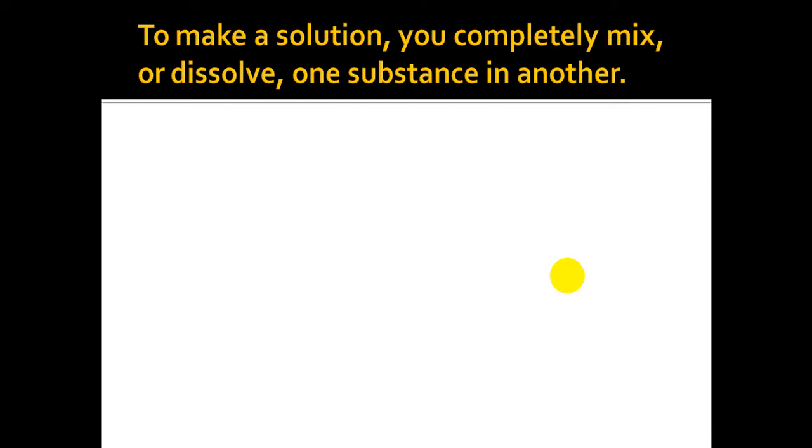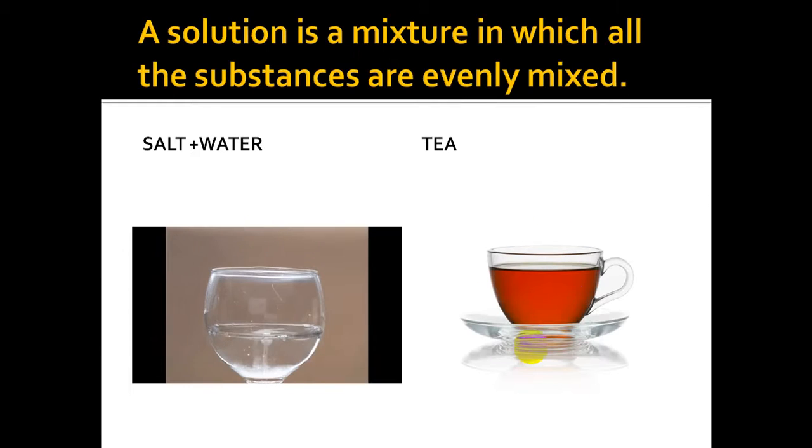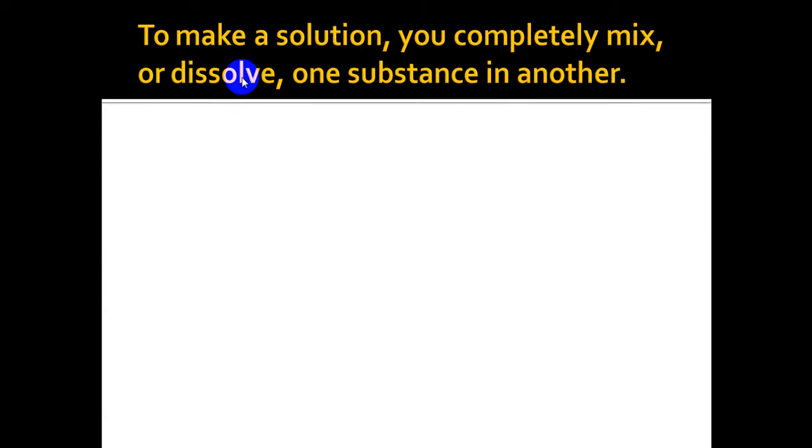To make a solution, you completely mix one substance in another. Like as we said here, the salt will completely mix in water. We call this it dissolves. So the word dissolve means completely mix. You cannot see it anymore.